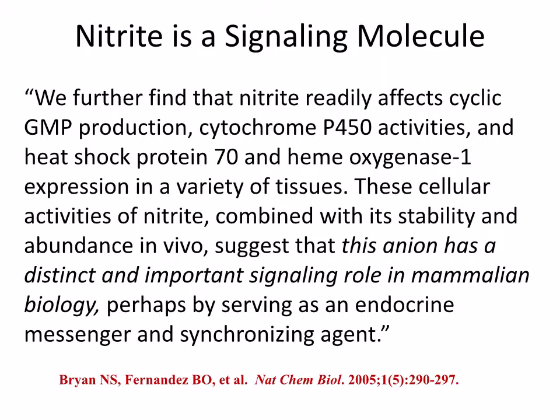It was found that nitrite affects cyclic GMP production, cytochrome P450 activities, and heat shock proteins in a variety of tissues. These cellular activities of nitrite, combined with its stability and abundance in the body, suggest that it has an important signaling role in mammalian biology. Thus, nitrite homeostasis may be of great importance to nitric oxide biology.